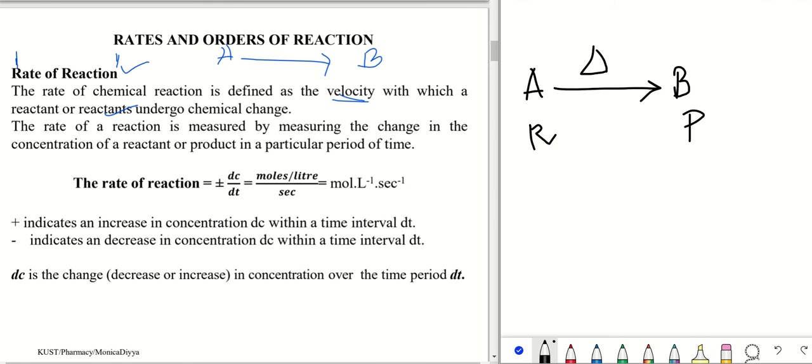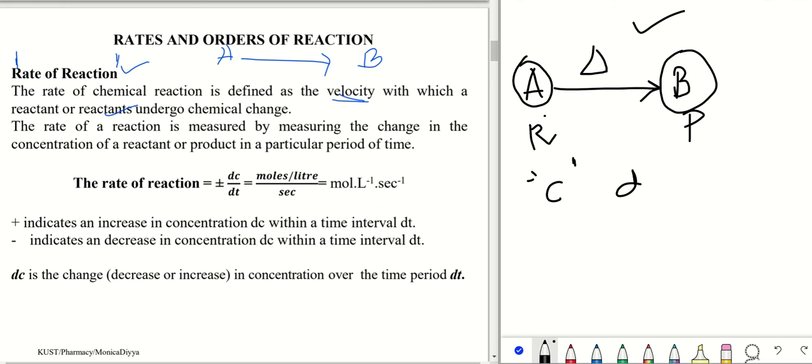The rate at which this reaction takes place is known as the reaction rate. And here we need to know a few terms: C is the concentration of the reactant A, and C is again the concentration of the product B.